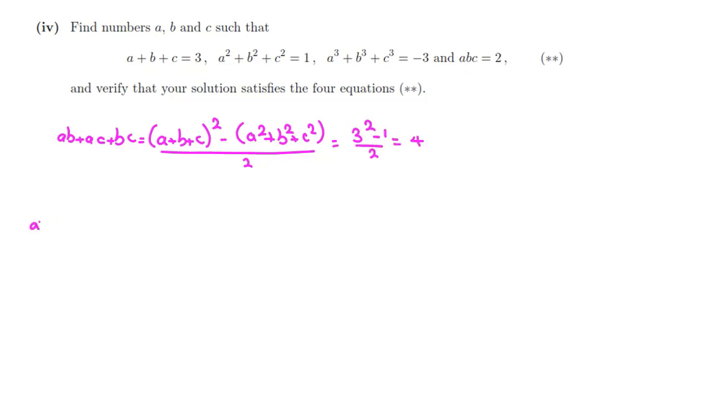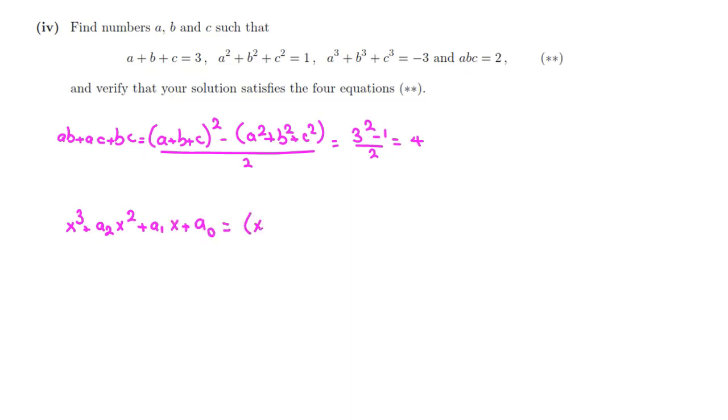Now the last part, we want to find abc. And the problem says abc is what? If we want to create a polynomial that works like this, we say it is x cubed, for example, minus a2 x squared plus a1 x minus a0.